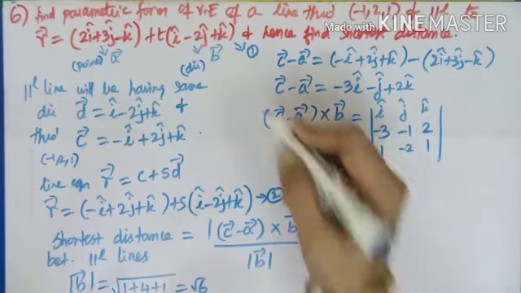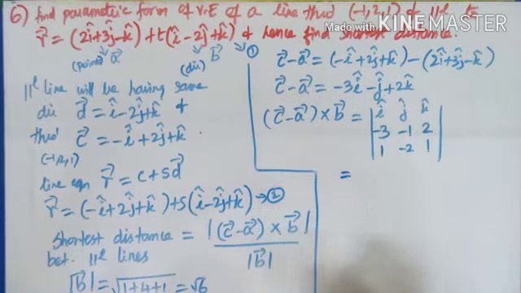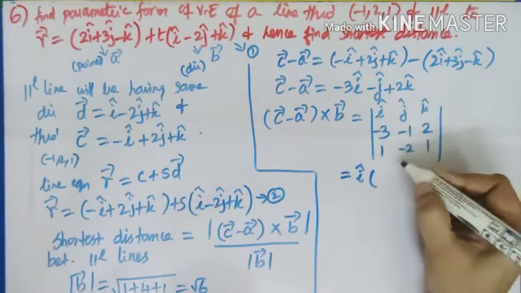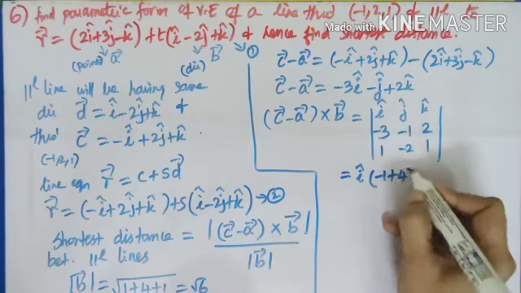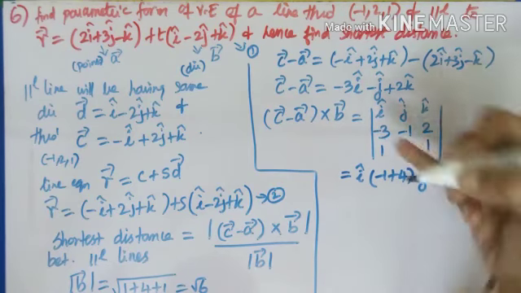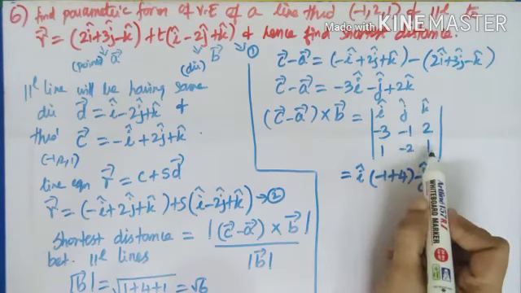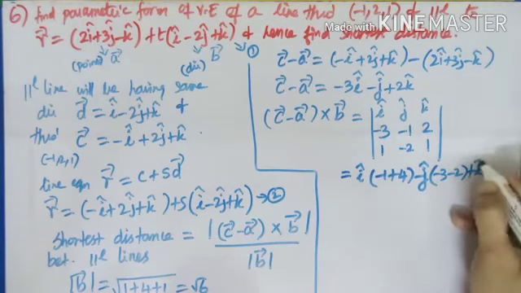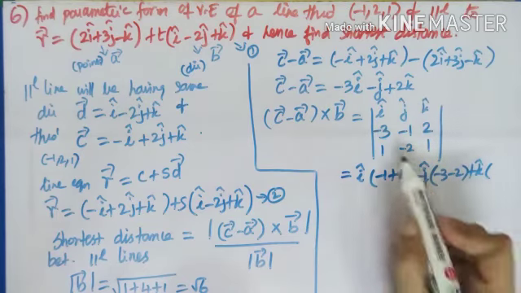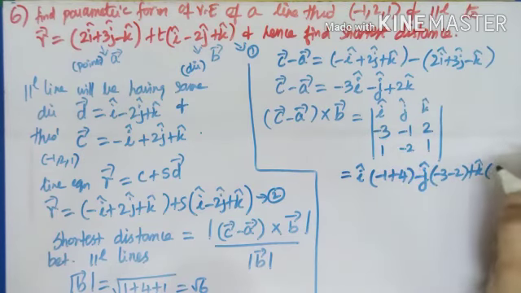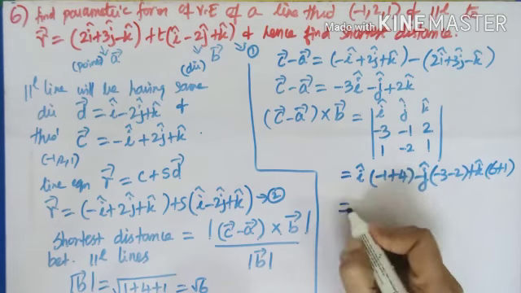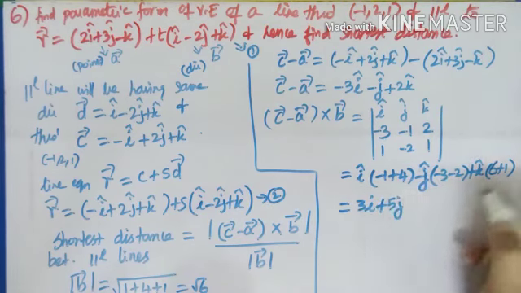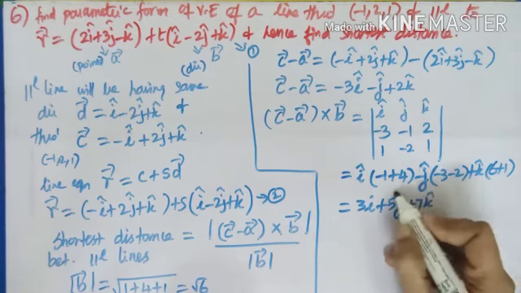Find the cross product. i into, hide the row and column, minus 1 plus 4. Minus j into, hide the row and column, minus 3 minus 2. Plus k into, again hide the row and column, 6 plus 1. So we get 3i plus 5j plus 7k.